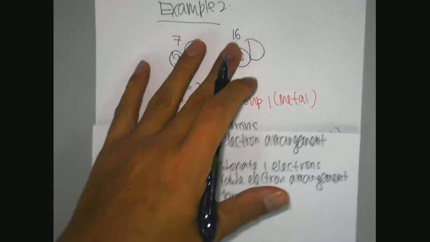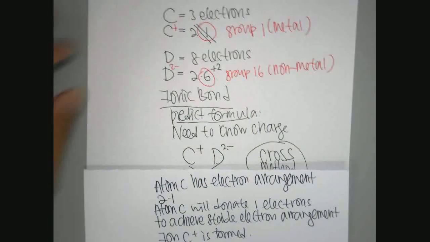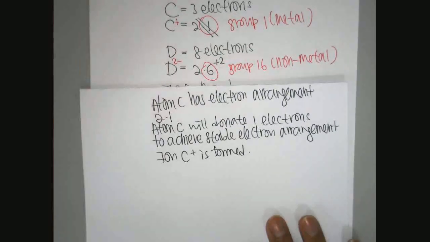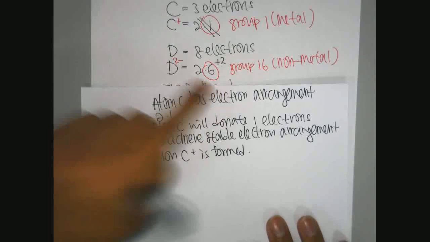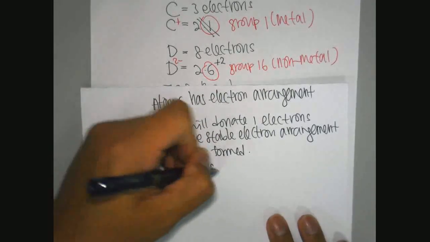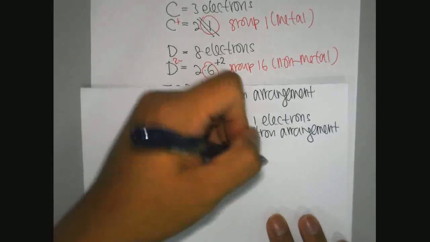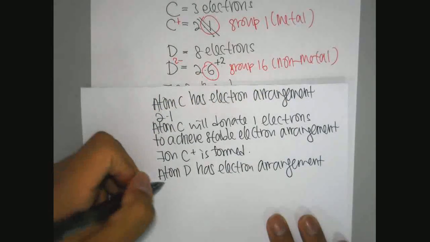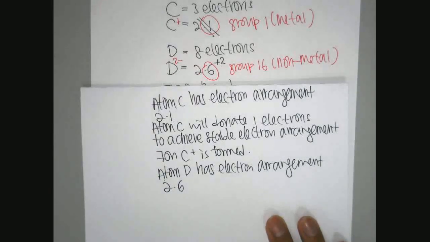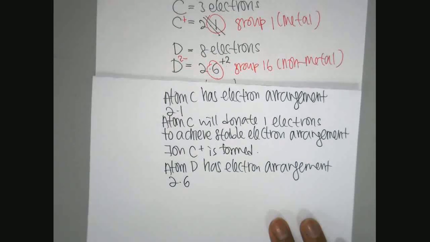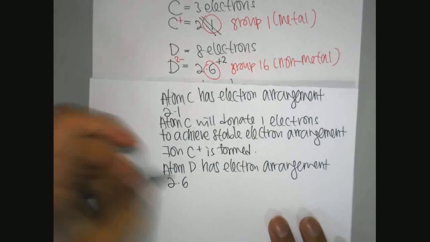Now we do the same thing to introduce our D. For D it is the same. D initially is 2.6. So atom D has electron arrangement 2.6. When we have 6 electrons in the outer shell, it's not stable yet, it needs 2 electrons.